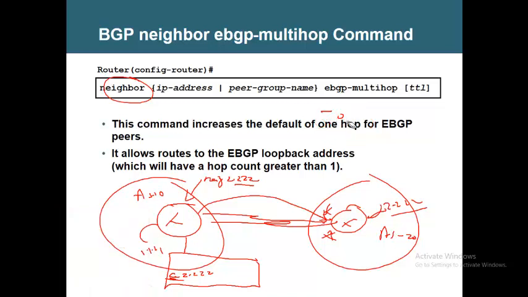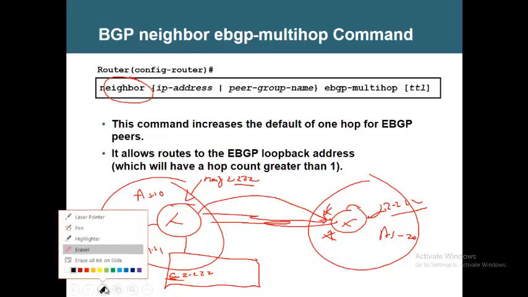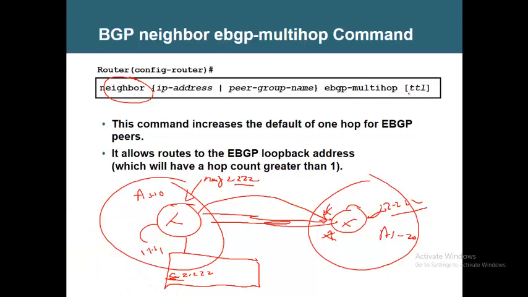When you say my neighbor can be two or three hops away, it means that default rule is not valid. These two need not be directly connected.